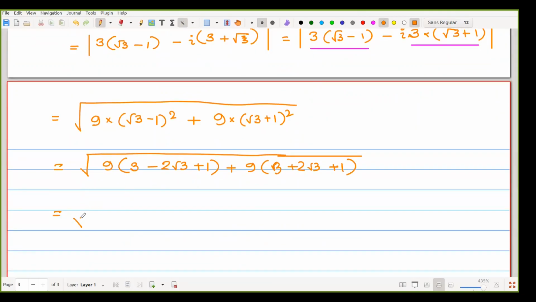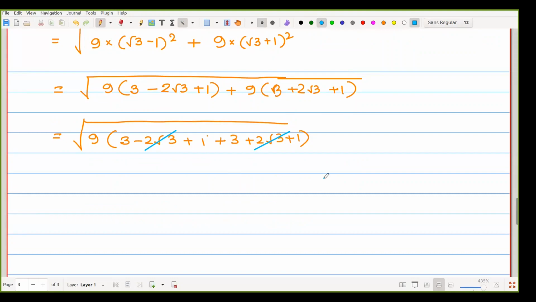So if we take the common of 9, 3 minus 2 root 3 plus 1 plus 3 plus 2 root 3 plus 1, here the 2 root 3's are already subtracted. So that one is now becoming 9 into 3 plus 1, 4 plus 4, 8. That means square root of 72, or 6 root 2.